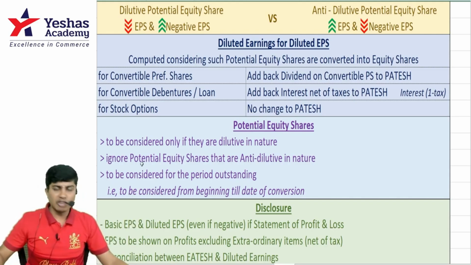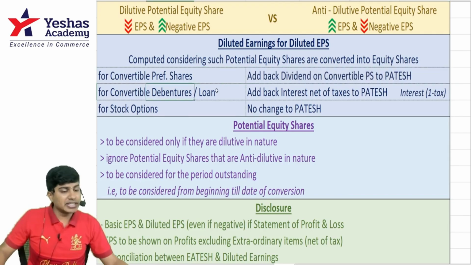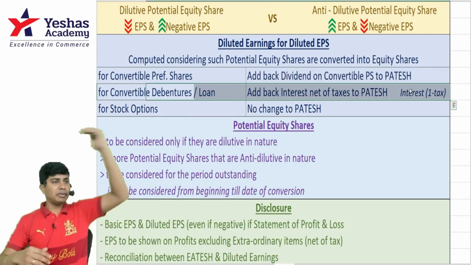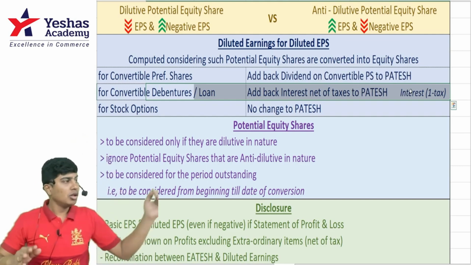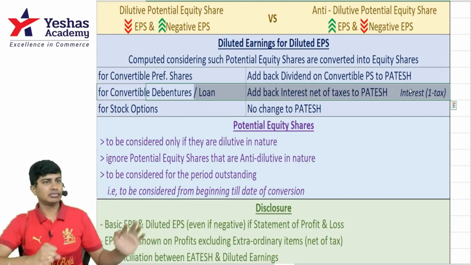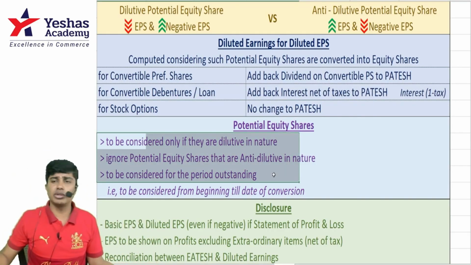So you add back the preference dividend paid to preference shareholders, and the debenture interest or loan interest that you paid. But when you add preference dividend to the numerator, no problem. When you add interest, deduct tax from that interest and then add. Denominator, you add whatever equity shares are supposed to be given to them.